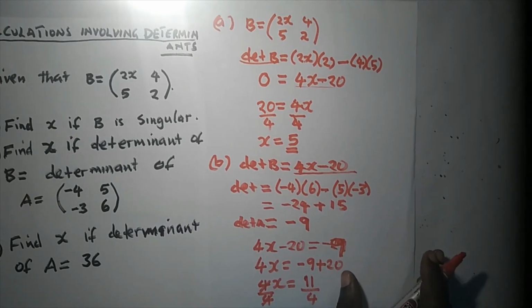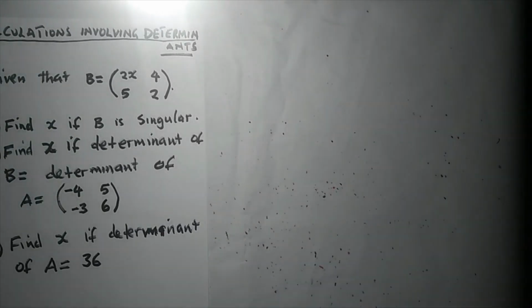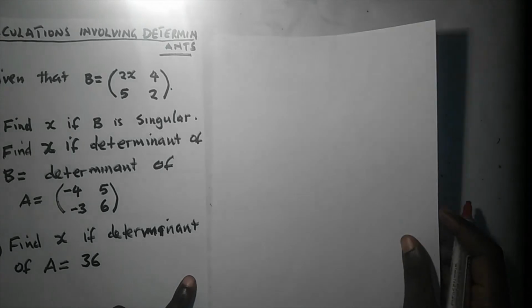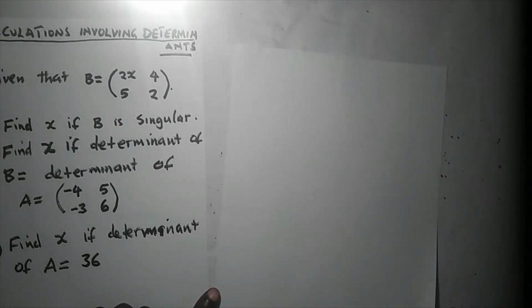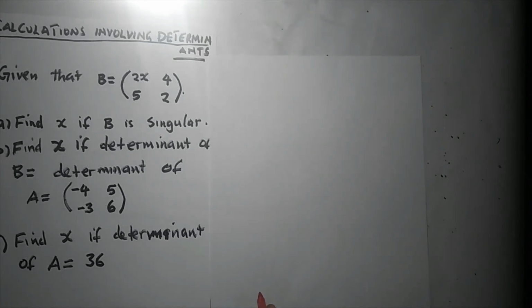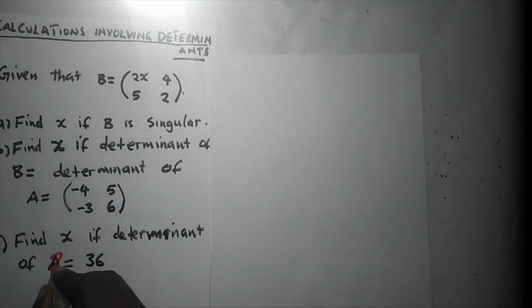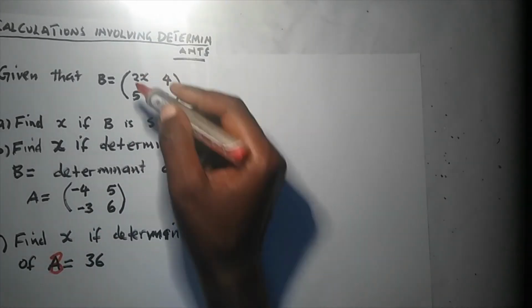So let's go to the third question, which is part C of the question, so that we see how we can find x if the determinant of B is 36. Sorry, the determinant of B, because B is the one that has x.